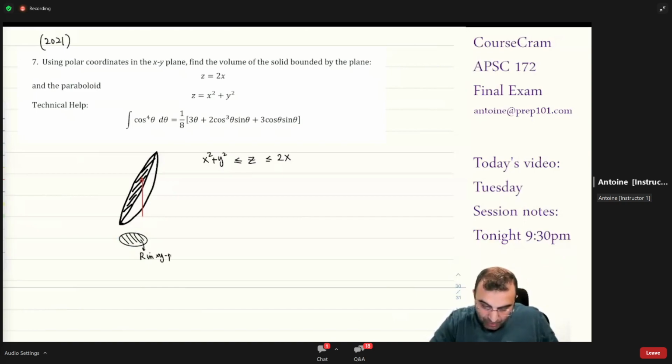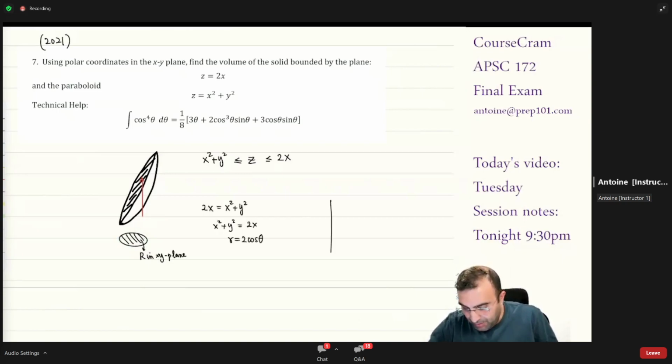By now, this should be straightforward: we cancel z in both, which gives us 2x equal to x squared plus y squared. Do you recognize this? This is x squared plus y squared equal to 2x, which means r equals 2 cos theta. So the region in the xy plane is the circle centered at (1, 0) with radius 1.